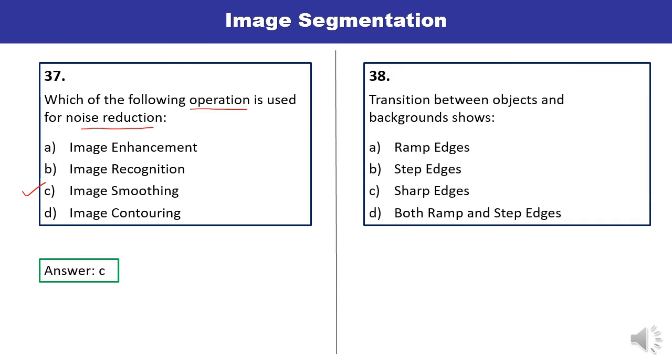Next question, transition between objects and background shows which type of edge? Ramp edge, step edge, sharp edge, or both ramp and step. So if there is a transition between the object and background, it shows both ramp and step edges. Correct answer.